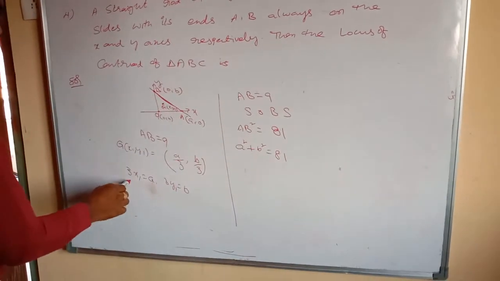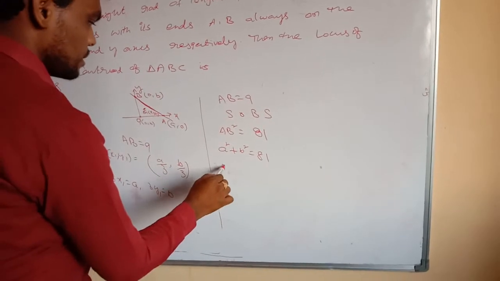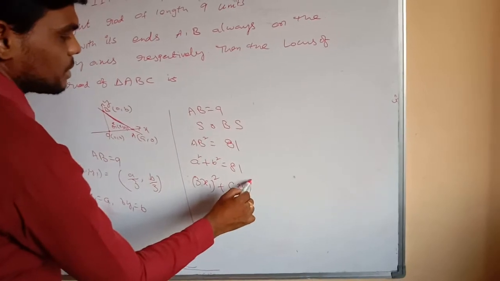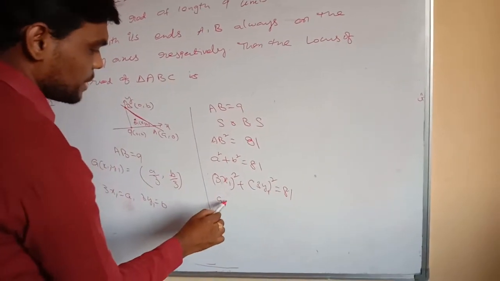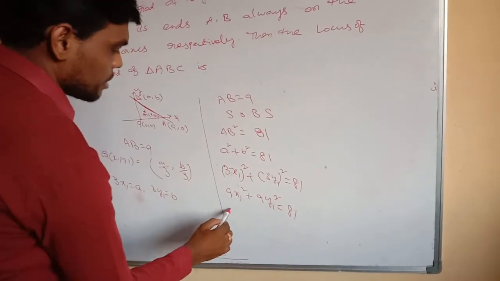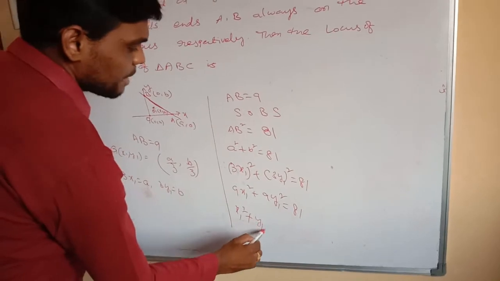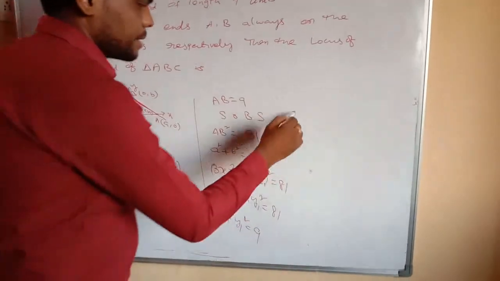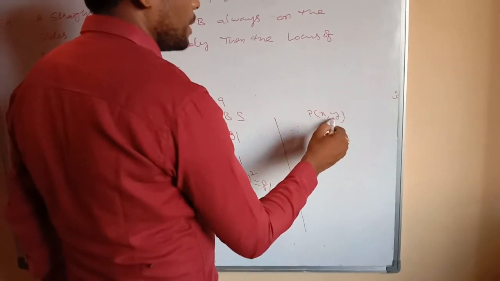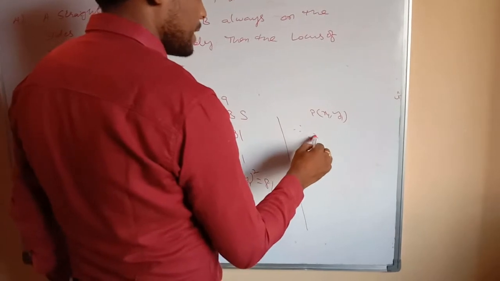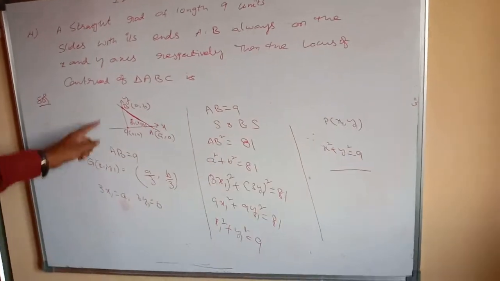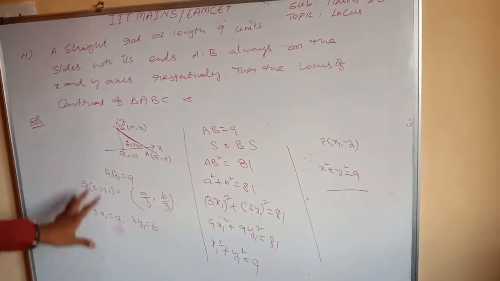Here a is 3x1 and b is 3y1, that means (3x1) whole square plus (3y1) whole square is equal to 81. That means 9x1 square plus 9y1 square is equal to 81, and therefore x1 square plus y1 square is equal to 9. This is the locus of G: x square plus y square is equal to 9. The required locus is x square plus y square is equal to 9.